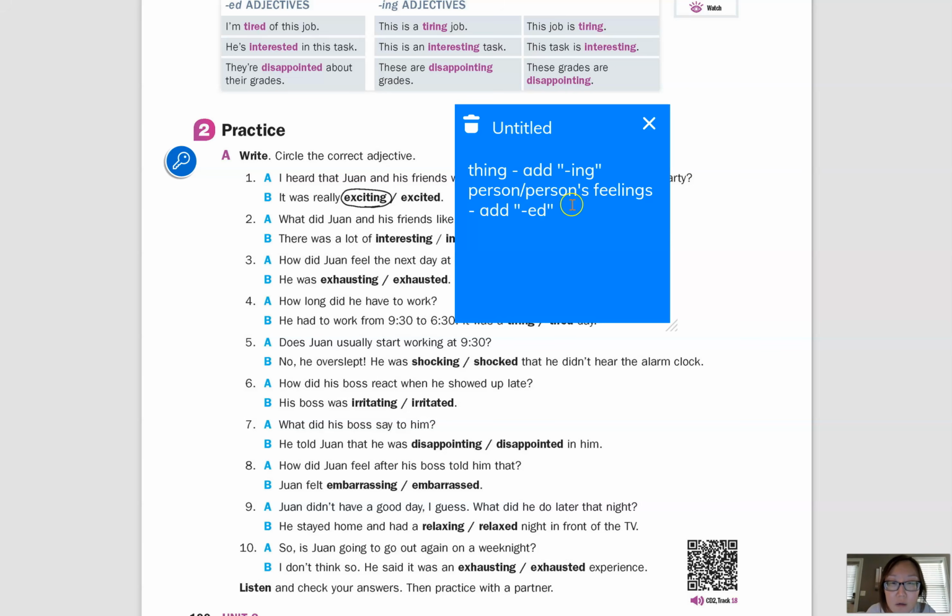So it's a little bit confusing, but here, how about this? I'll just do this. Okay. Oh, that's not really that much clearer. Okay, that's okay. I think you know what I'm talking about. So add ing when you're talking about a thing or a situation. Add ed when you're talking about a person or their feelings.